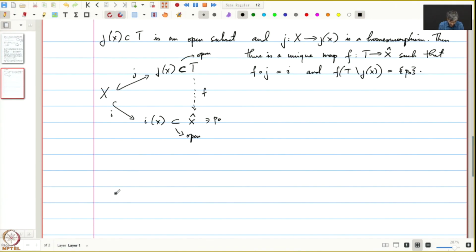Let us say X is this open disk, right. And let us say I embed the open disk into this closed disk.